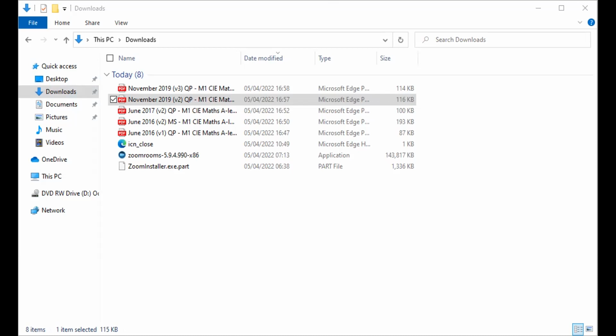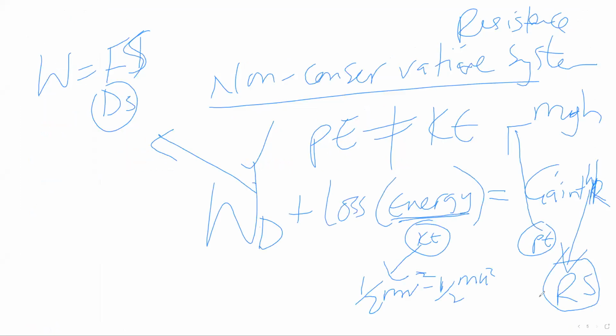I'll write the question. So we are answering the 2019 past paper. Now, we have a train of mass 150,000.